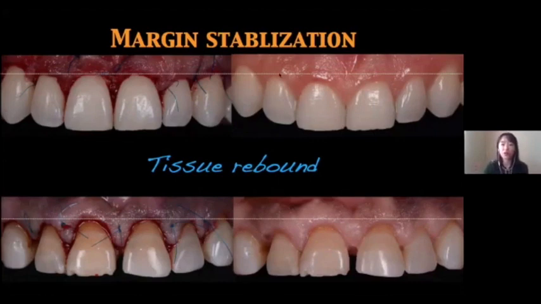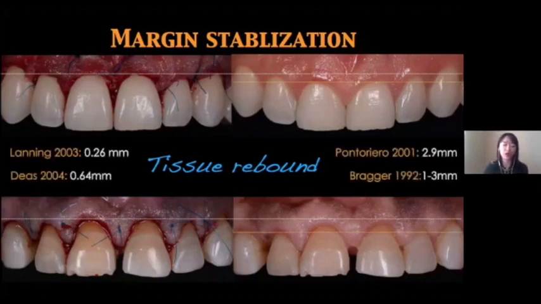For the top case, it's probably around 1 to 1.5 millimeters of tissue rebound. But for the bottom case, as you can see here for the lateral, there is almost 2 to 3 millimeters of rebound.